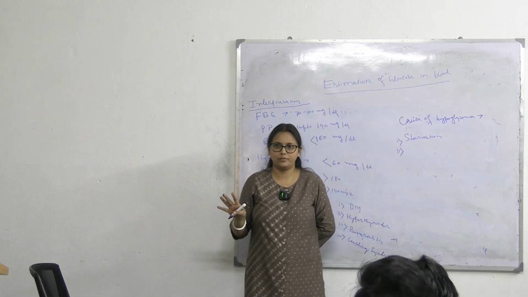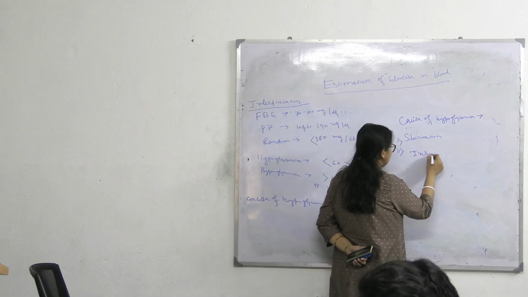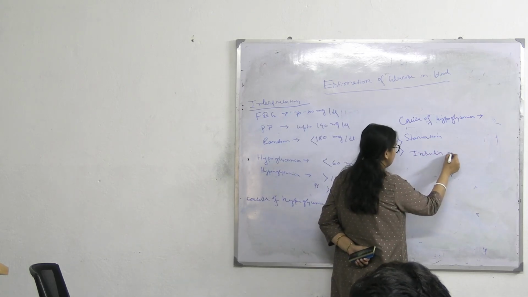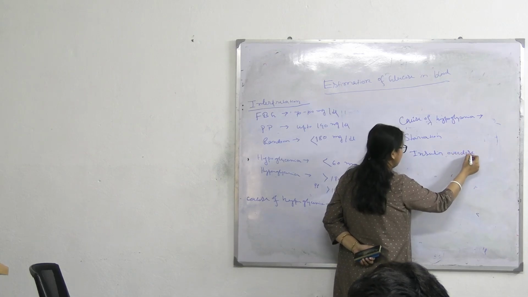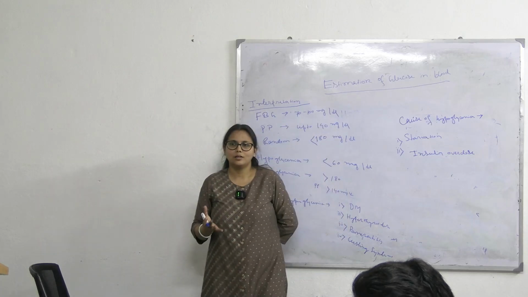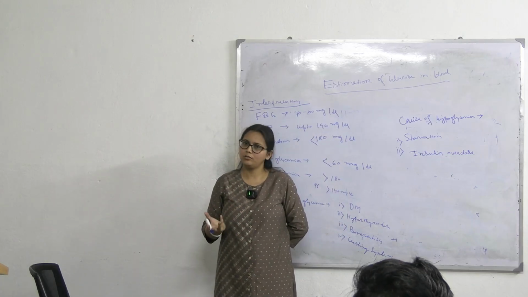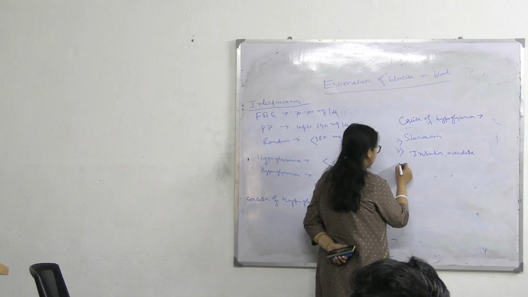All the glucose will be depleted, ওকে, from blood. So insulin overdose. Suppose the patient has not taken the meal, has skipped the meal but taking the insulin, so there will be hypoglycemia, very common, insulin overdose.